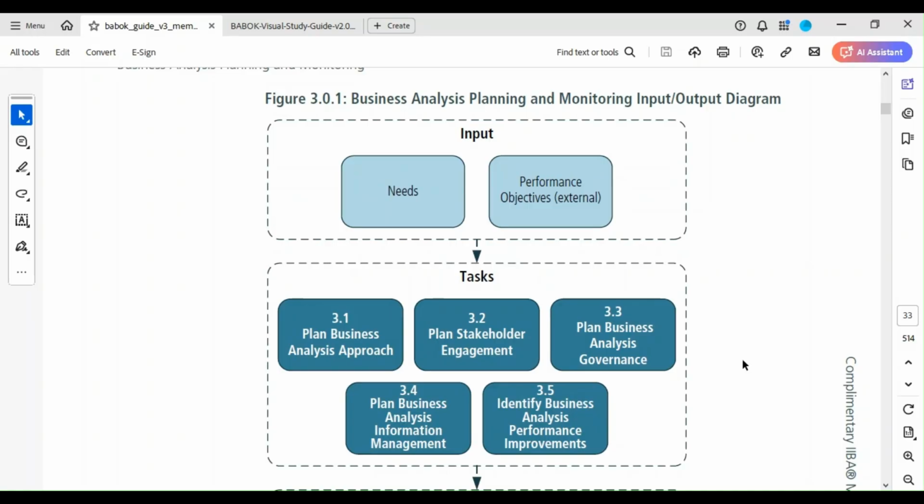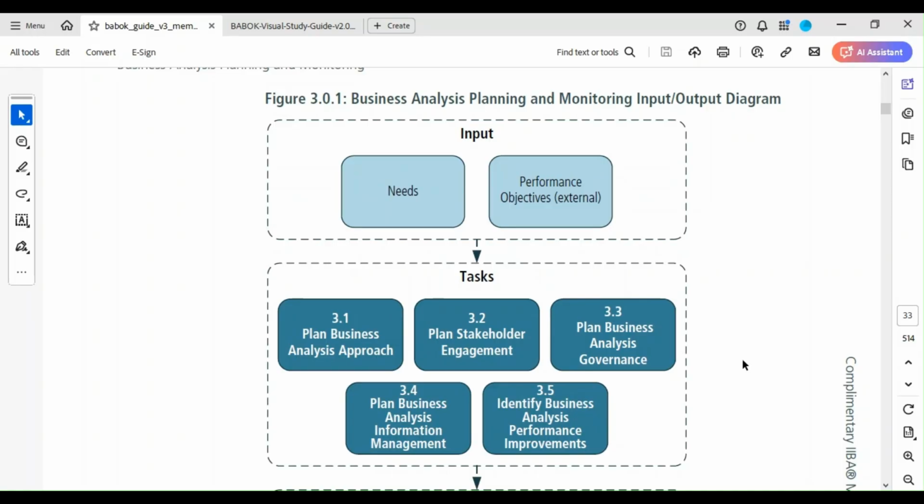Remember that whatever input you get from outside comes with the attachment external. You know the need, or you want to find out the need. You are also looking at performance objectives. What are the performance objectives that your stakeholders require from you or from this project?